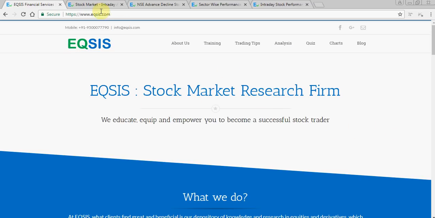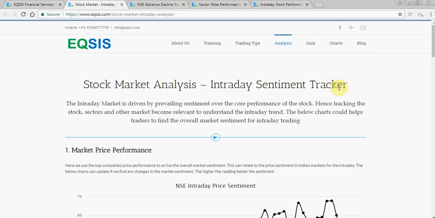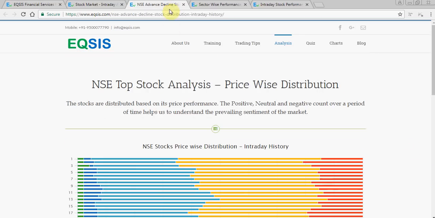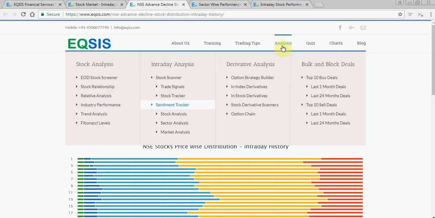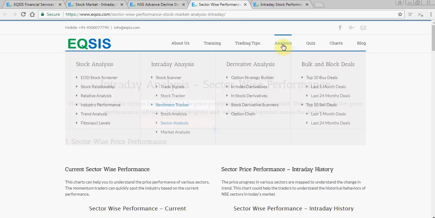I did this before. So I got the first tab, which is about the market analysis. This is nothing but this particular one, market analysis. Then we got something which is also about the market. This is nothing but having clicked this particular link. The sector-wise performance is nothing but the sector analysis here.